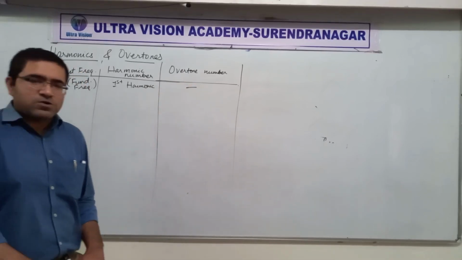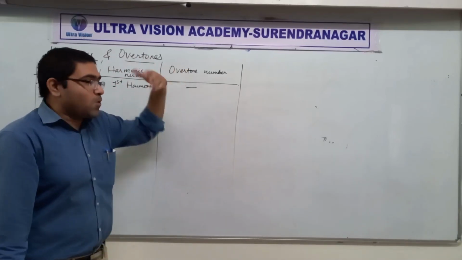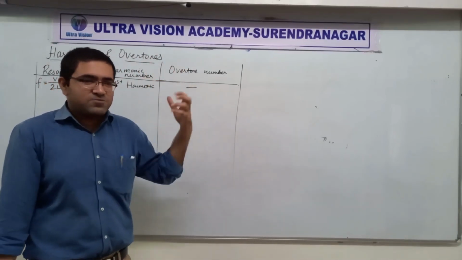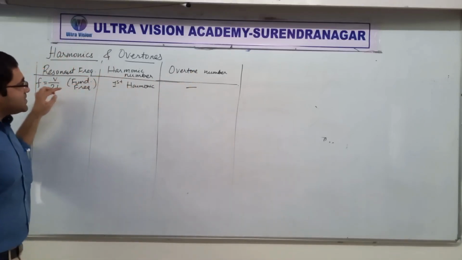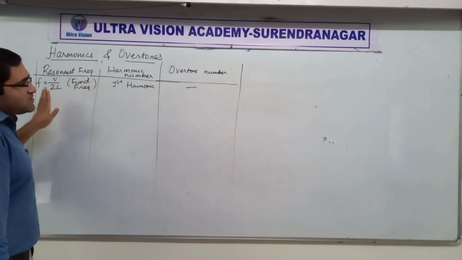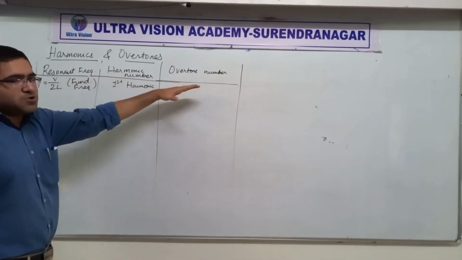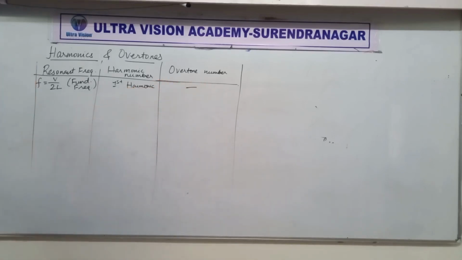Why is it not an overtone? Because as the name says, overtone, over, that is higher. It should be a higher frequency than fundamental frequency. This is itself the fundamental, so it's not an overtone. Clear?